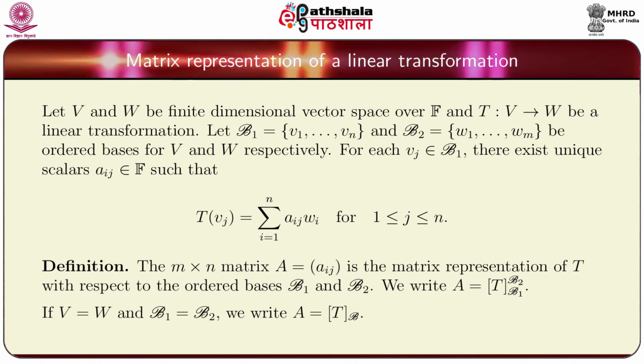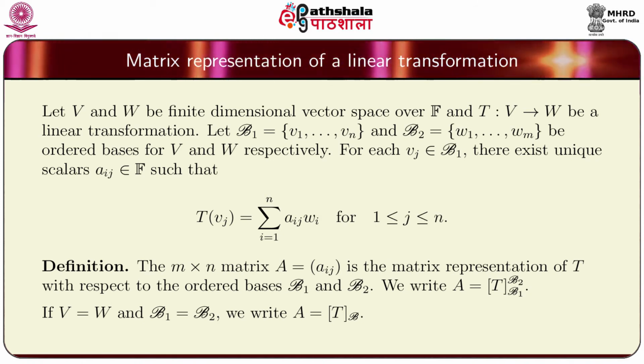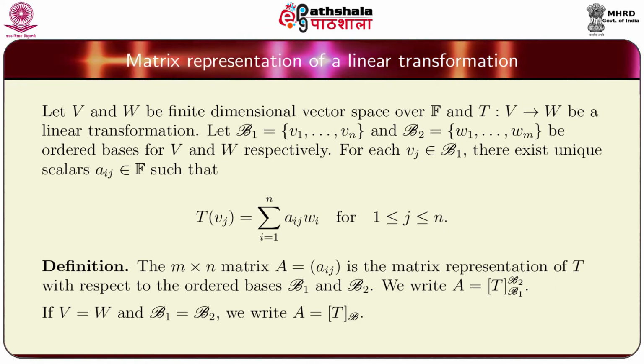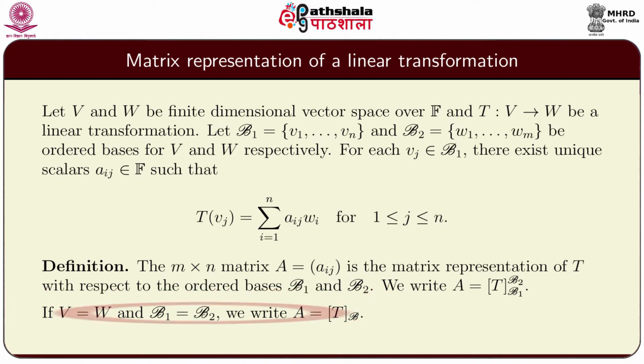So, this is to denote that this matrix representation is for the linear transformation T, which is between the vector spaces V and W, where B1 is an ordered basis for the vector space V and B2 is an ordered basis for the vector space W. And notationally, if V happens to be the same as W and B1 is equal to B2, suppose we name it as B, then this matrix is usually written as box T with the suffix B.